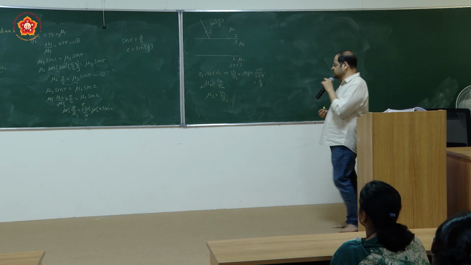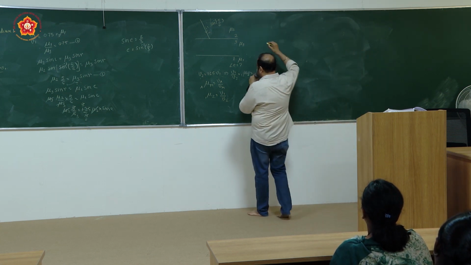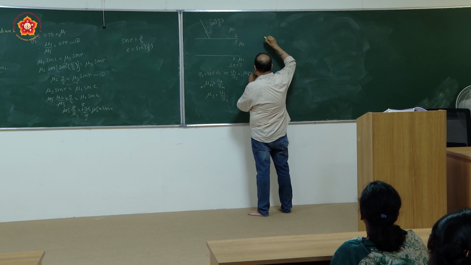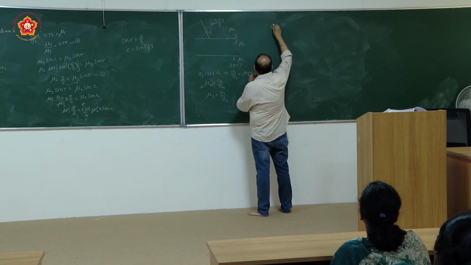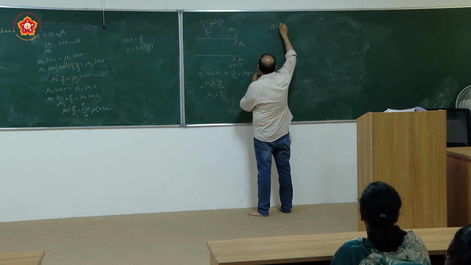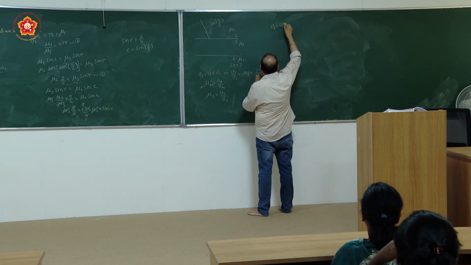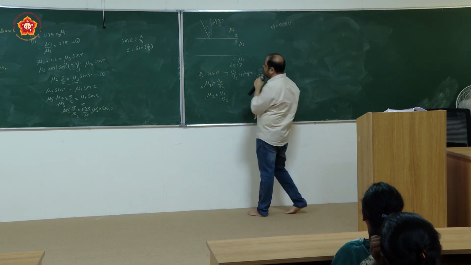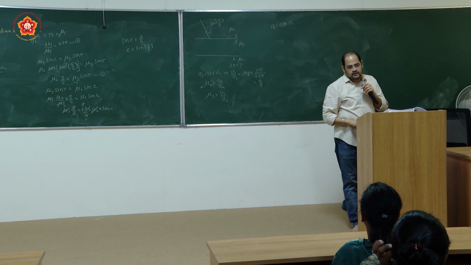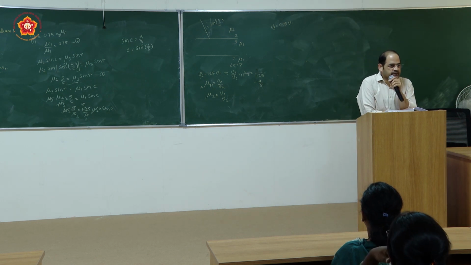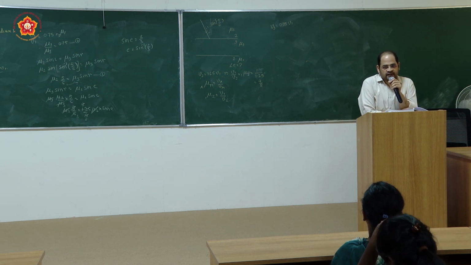So what will be the relation there? Light is traveling from medium 1 to medium 3. So V3 will be equal to 0.75 times V1. Reduced by 25% means it will become 75%.